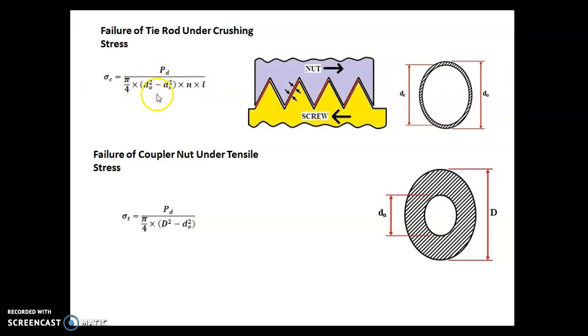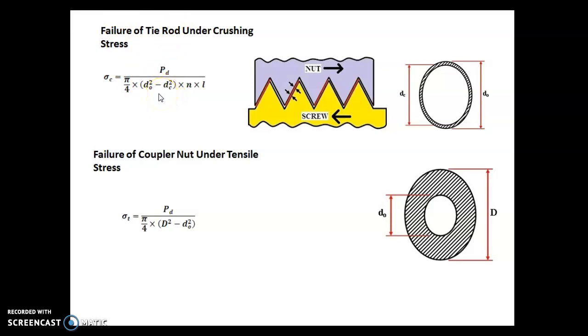Okay, if this induced stress is less than design stress, then it is okay. But if it is more than design stress, then we have to increase the value of DC, that is core diameter.